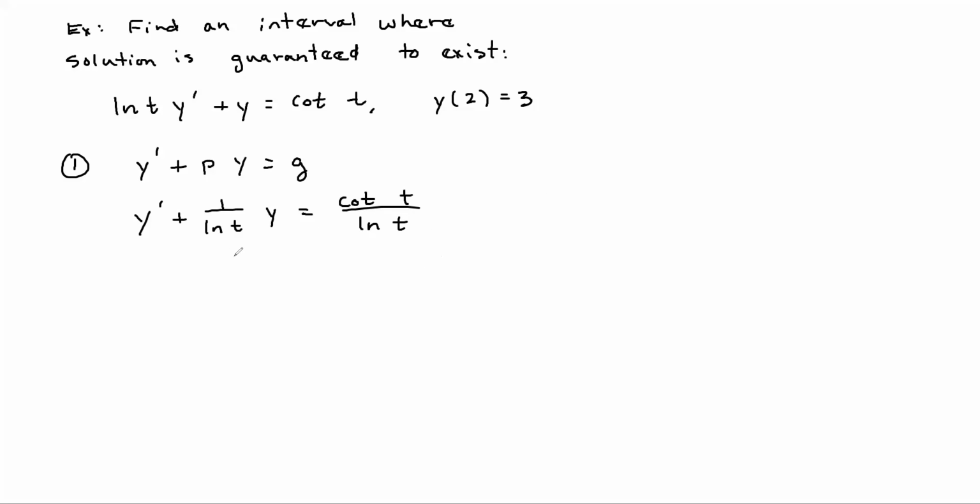Okay, and so this is p, this is g. And we'll go ahead and write our initial condition down here again. This is t naught. As we discovered on the last problem, that does matter. Okay, so we need to find the continuity of p.